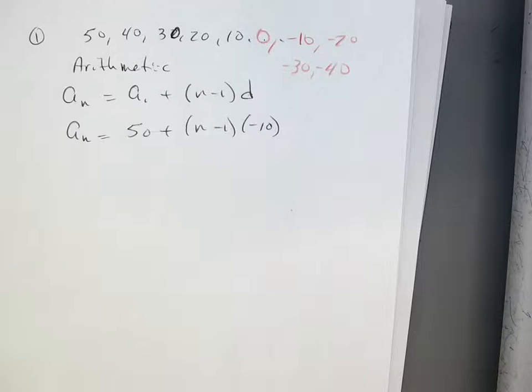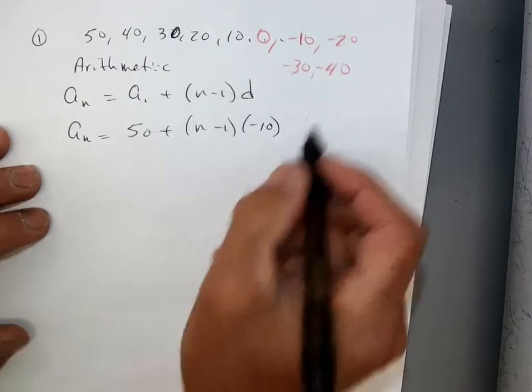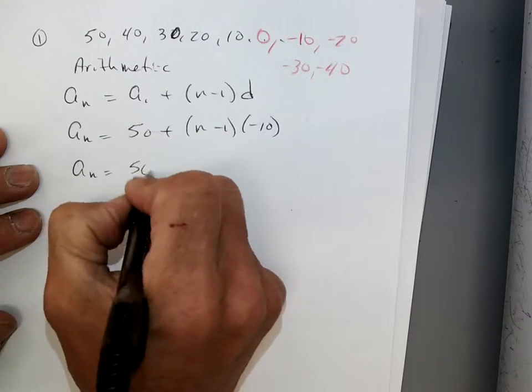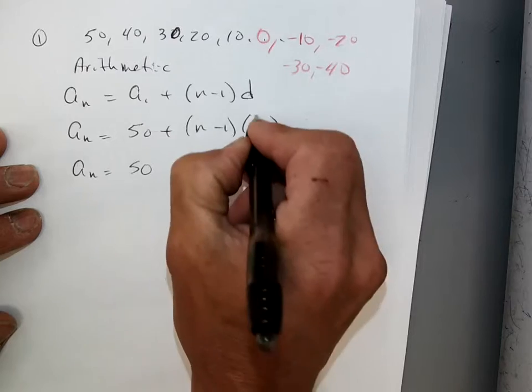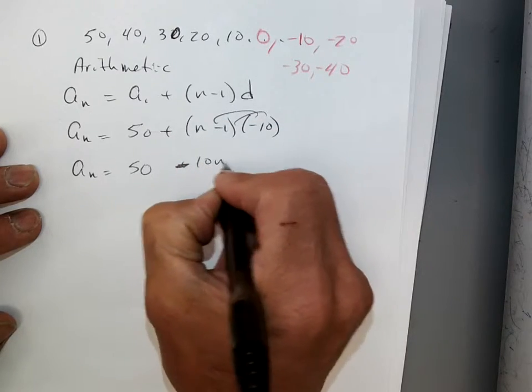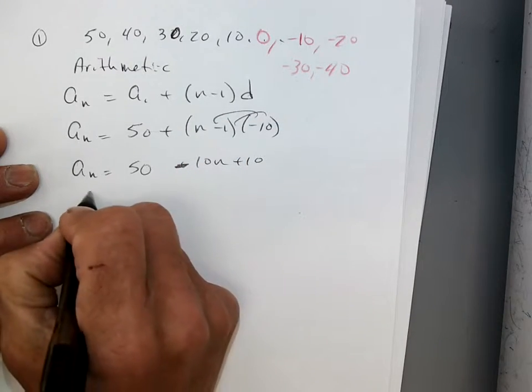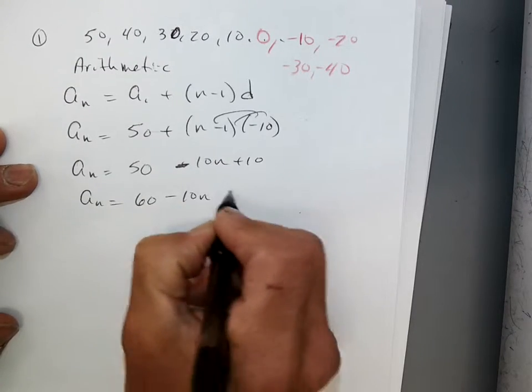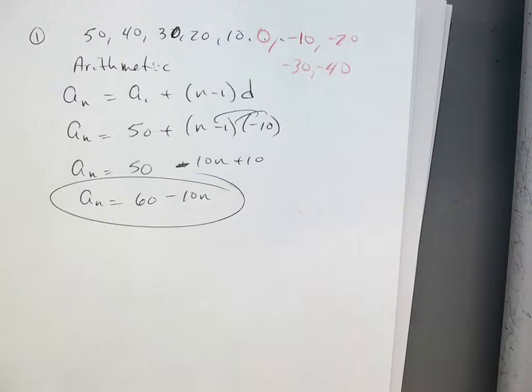I would take that answer, but I would like it tidied up if you could. This is okay, but I like it better if we went 50 minus 10n plus 10, or a better answer would be 60 minus 10n. Okay, thumbs up. Having the formula sheet should really help you a lot. You guys agree?